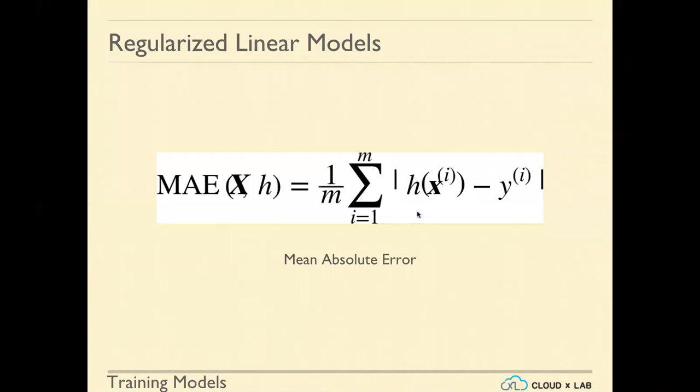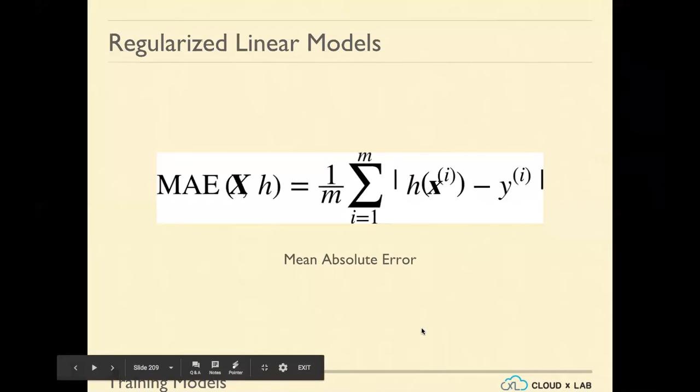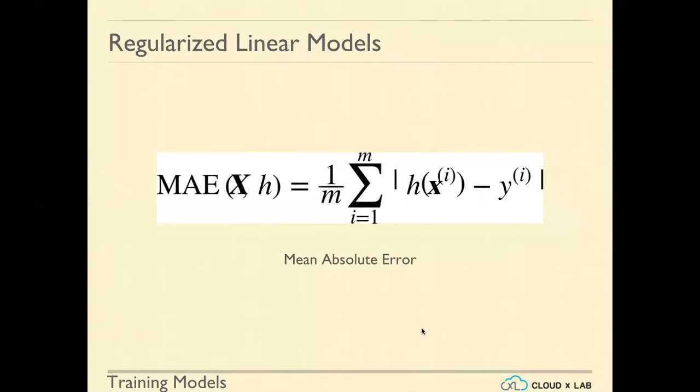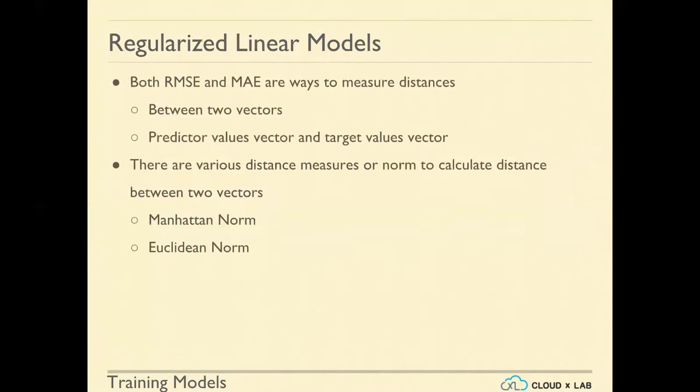That's why we have mod. In case of root mean square error, we had a square here, and the square of a negative value is a positive value, and hence there we did not need to do mod.